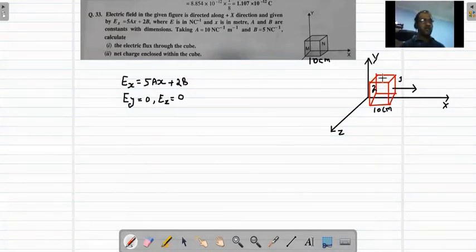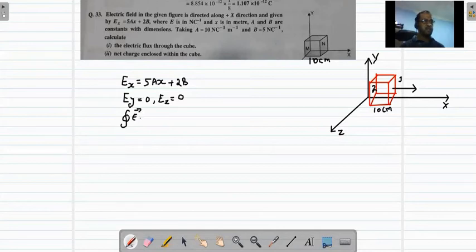If I am finding E dot ds, according to Gauss's theorem, if I take the total integral over the entire closed surface of this cubical shape, that will be equal to 1 by epsilon into q. According to Gauss's theorem, this is the theorem we are applying. Integral over the entire cubical closed surface, E dot ds, we have to find.